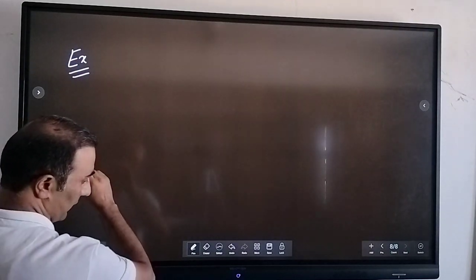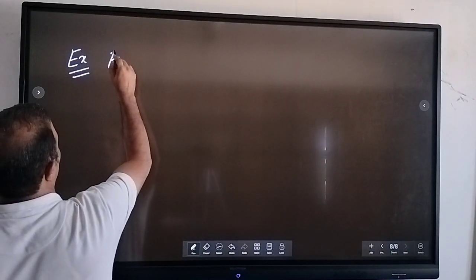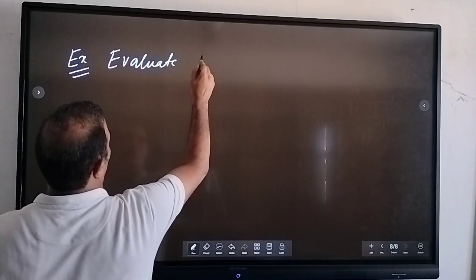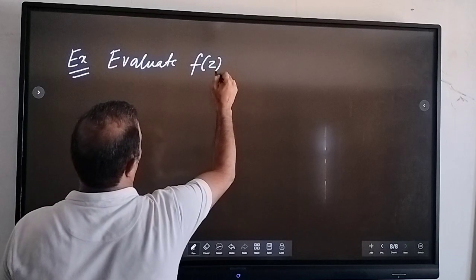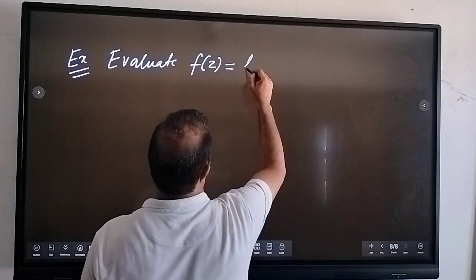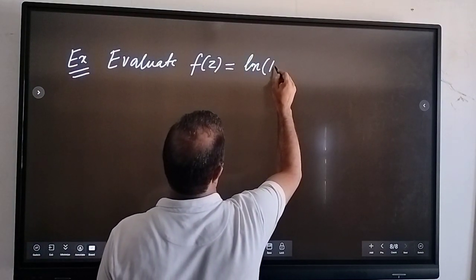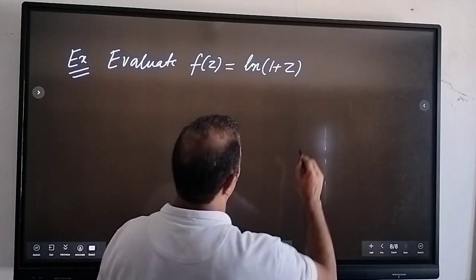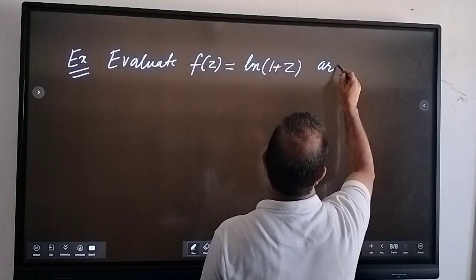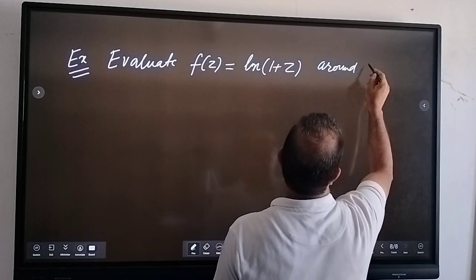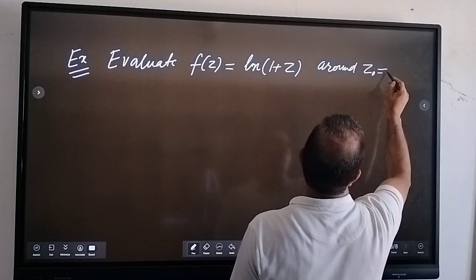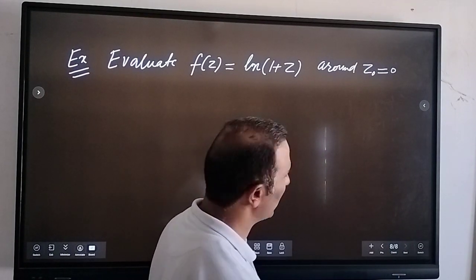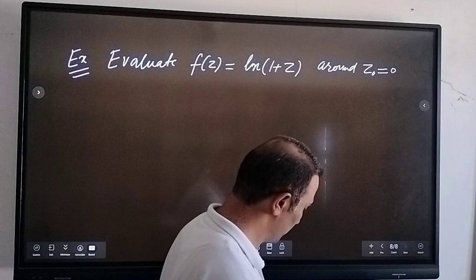okay, so you write ln of 1 plus z around z0 equal to 0, or z equal to 0 you can say.